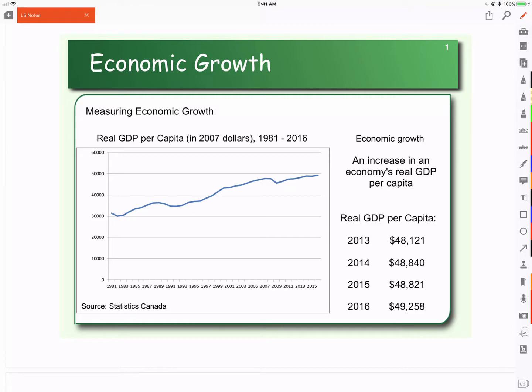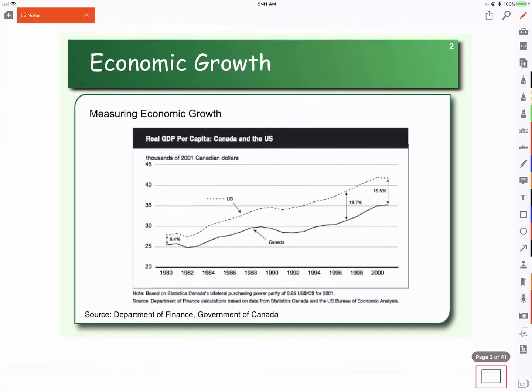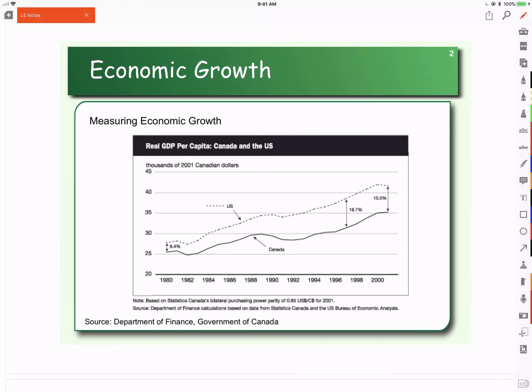Well, when we look at our economic growth in Canada, we can look at the relationship of our growth to U.S. growth. Because our economies are so intertwined, because we do so much trade with each other, when the Canadian economy tends to grow, the U.S. economy is also growing. And when the U.S. economy is contracting, the Canadian economy tends to contract as well.